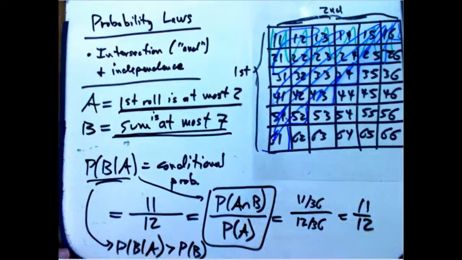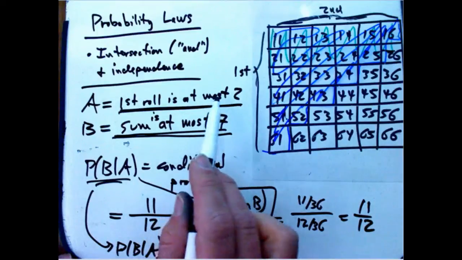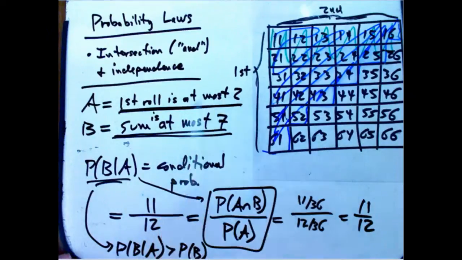This is quite big, 11 out of 12. If I know A is true, I'm pretty sure that B is going to be true, unless I'm really unlucky. Whereas the probability of B was only a bit over a half if I didn't know that information.